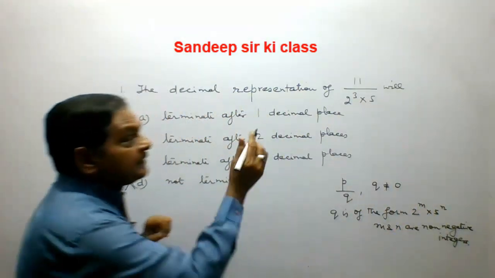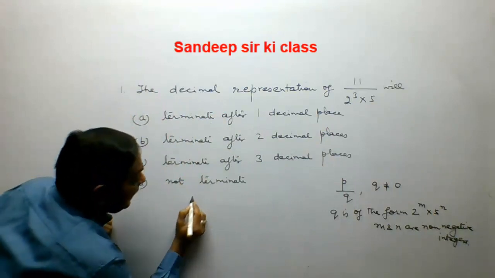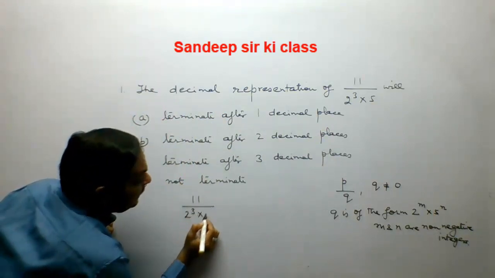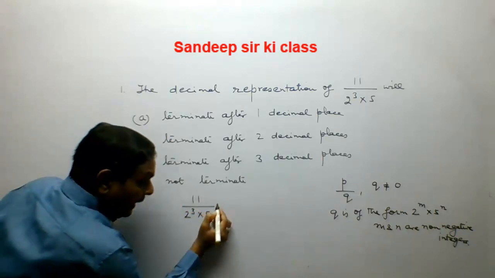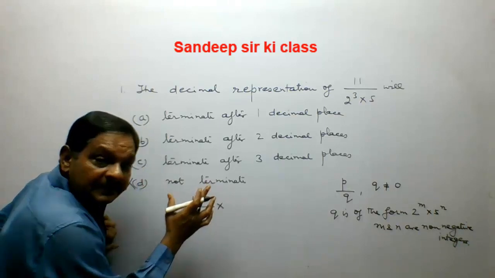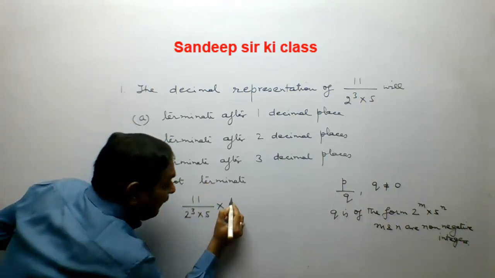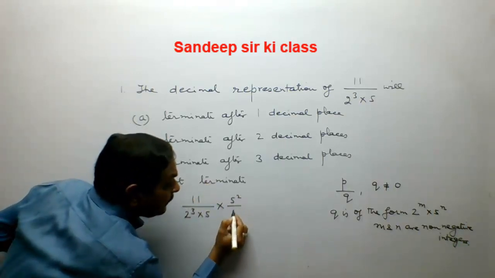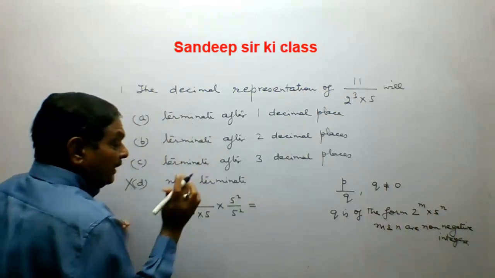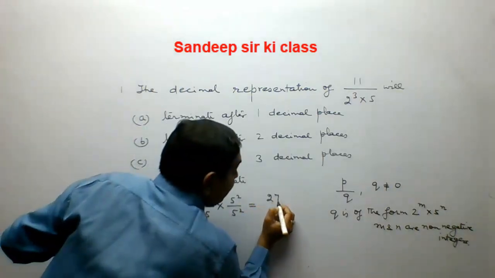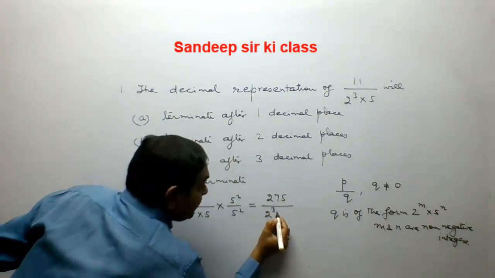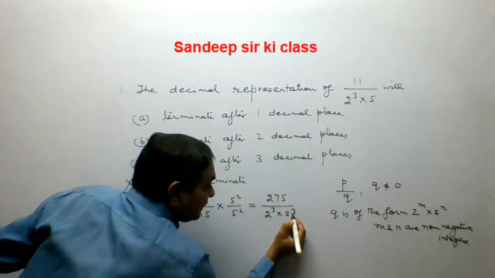Now this rational number can be written as 11 upon 2 raised to the power 3 into 5, and if I multiply and divide this rational number by 5 squared, then I obtain 11 into 25, which is 275, upon 2 raised to the power 3 into 5 raised to the power 3.